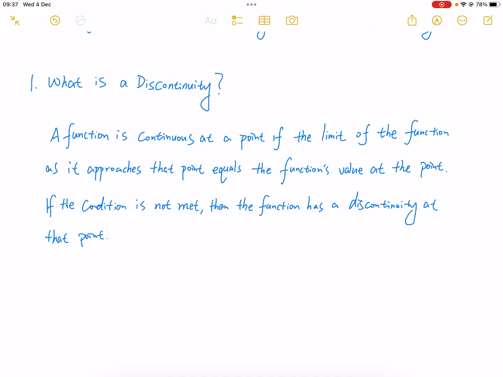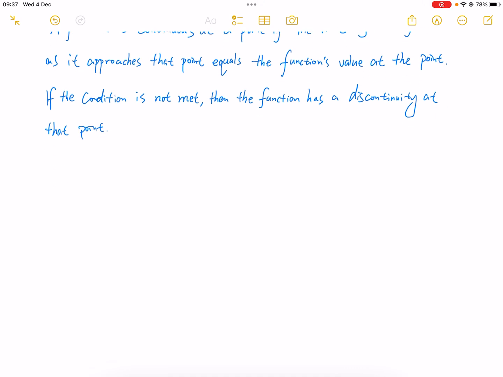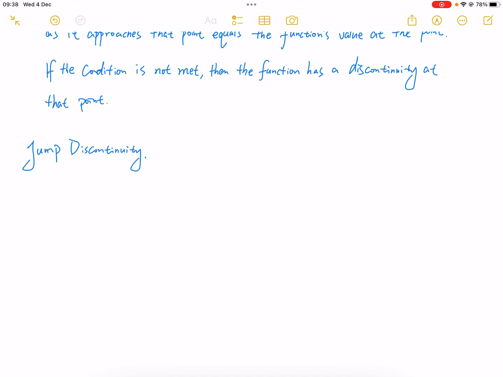Let's break down the different types of discontinuities. Let's start with the jump discontinuity. A jump discontinuity occurs when the left-hand and right-hand limits of the function exist, but are not equal to each other.